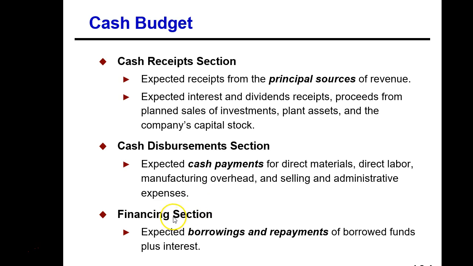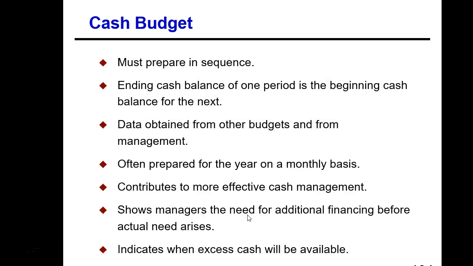And then the financing section again shows that if we need to borrow money, how much we need to borrow. And if we do borrow money, it will show the actual repayment as well, along with interest to the lender. So you've got cash receipts, cash disbursements, and your financing section of the cash budget.